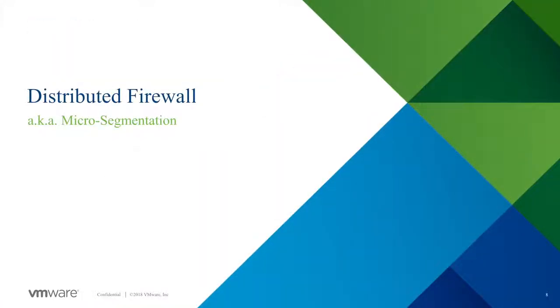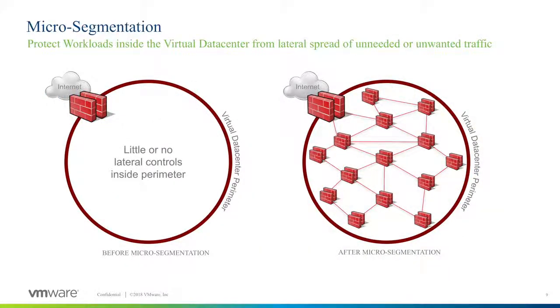Let's now have an overview of the distributed firewall service, also known as micro-segmentation. Micro-segmentation protects workloads inside the virtual data center from lateral spread of unneeded or unwanted traffic. Leveraging only protection at the virtual data center perimeter grants little or no lateral controls inside the perimeter.